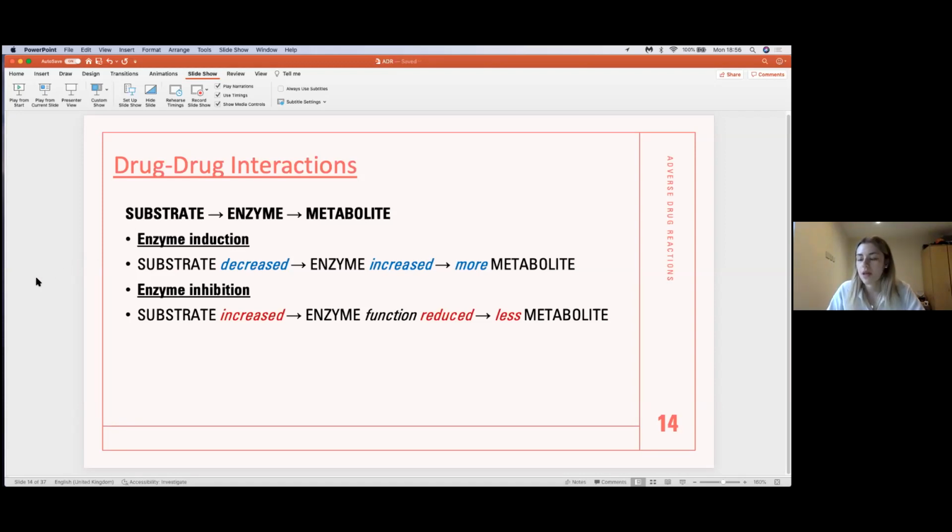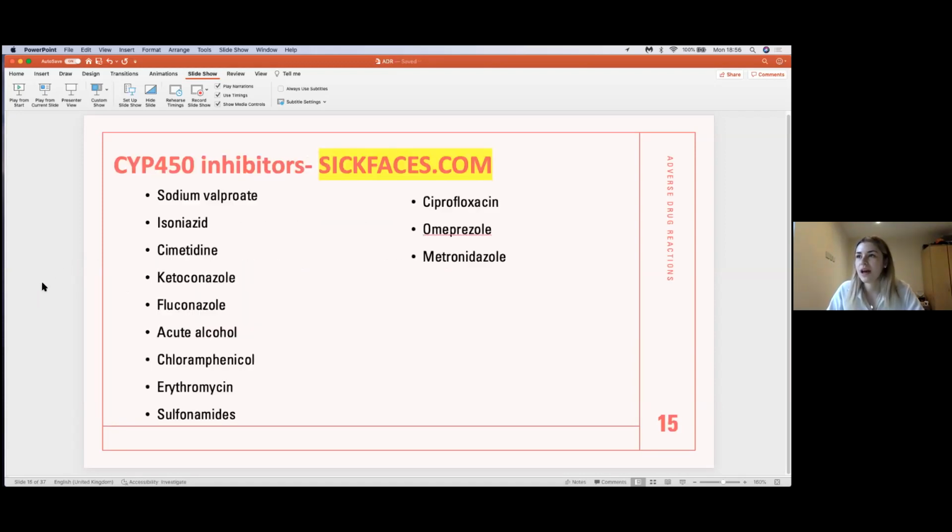So we've referenced this slide. The CYP450 inhibitors, this means they inhibit the activity of CYP450. These are the sickfaces.com drugs, so I won't read them out because I don't want to bore you, but just remember it by sickfaces.com.